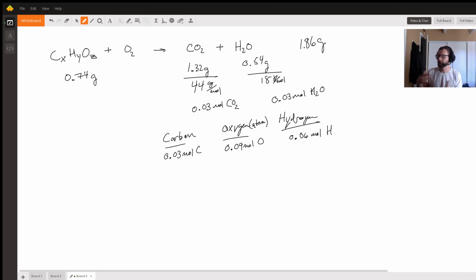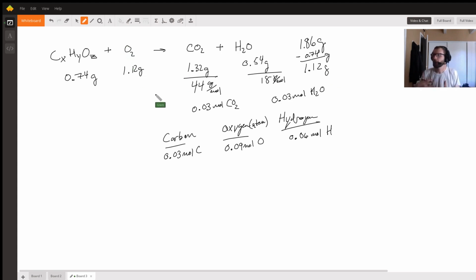And obviously by conservation of mass, the amount of products is going to be equal to the amount of reactants. So if we subtract our unknown that we started with, 0.74 grams, we get 1.12 grams of atmospheric oxygen.